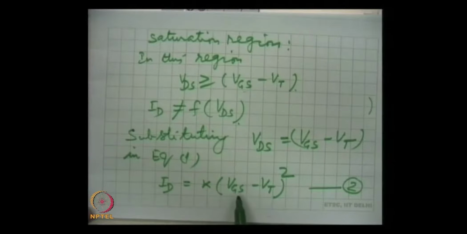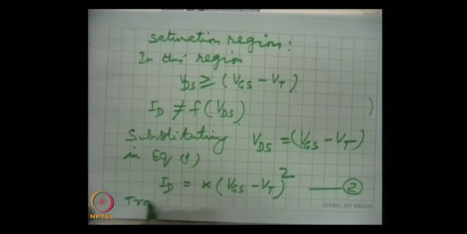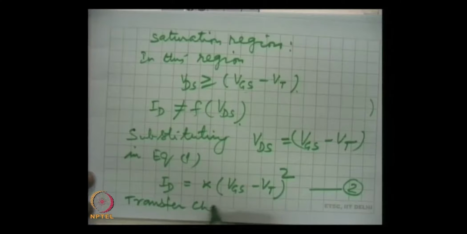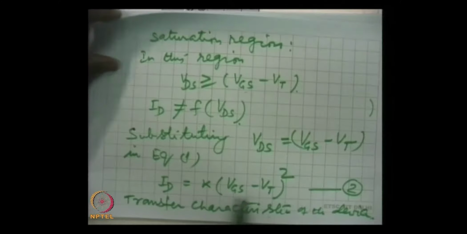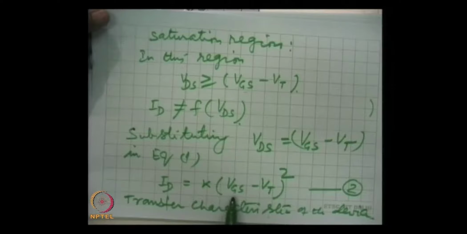This equation represents the transfer characteristics of the device. We can plot ID from this equation, which is the equation of a parabola, and we get parabolic transfer characteristics for the device by taking different values of VGS and ID.